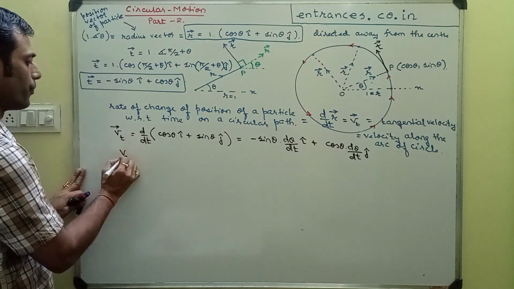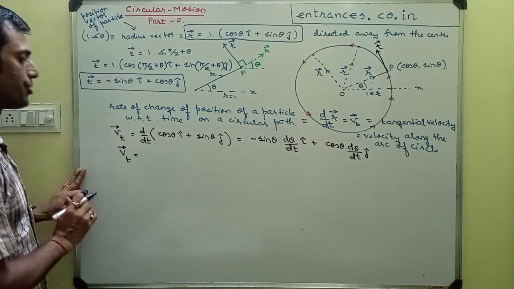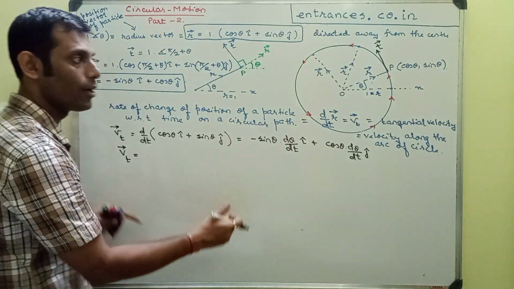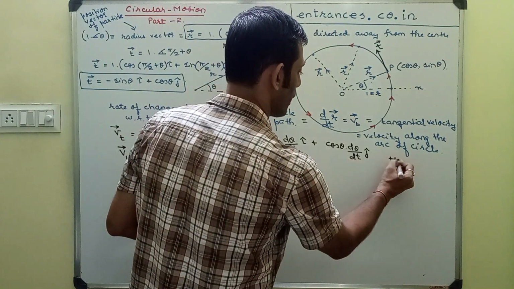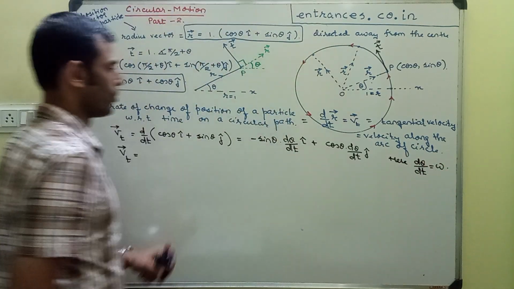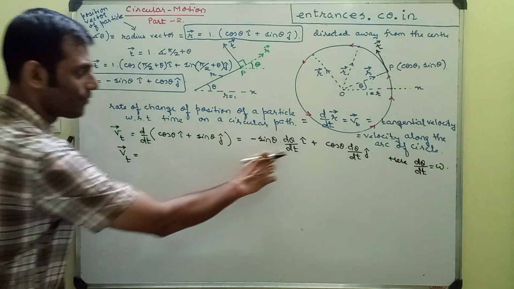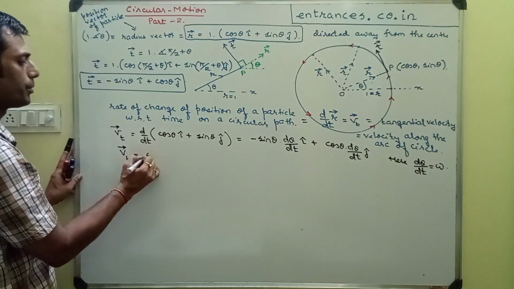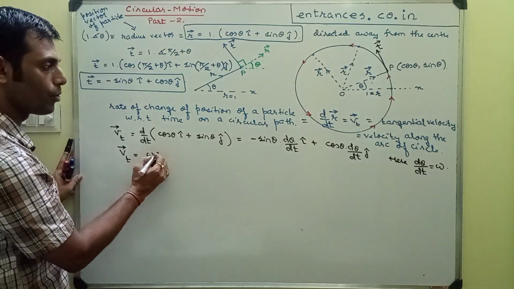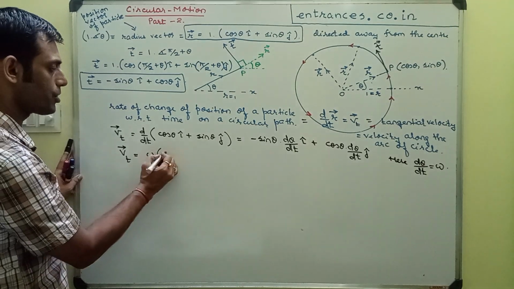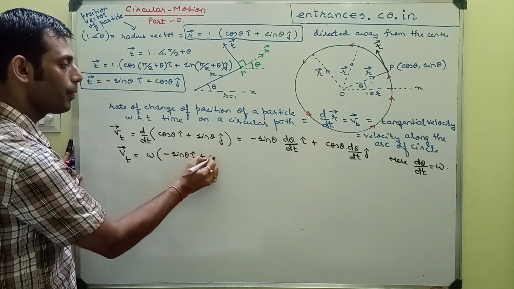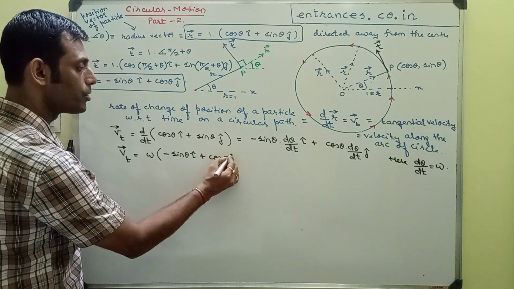So the tangential velocity can be defined with d theta by dt, I hope you remember, equal to omega. Here d theta by dt is the angular velocity. So omega comes out common, and then this comes out with vectorial dimension as minus sin theta i cap plus cos theta j cap.